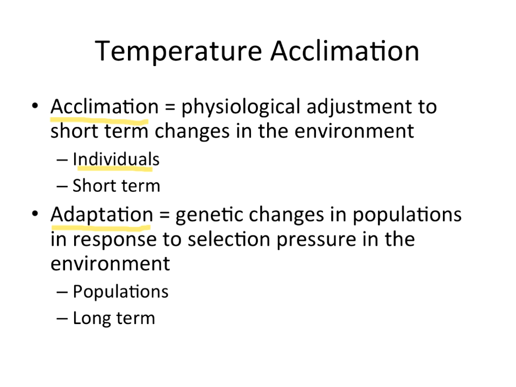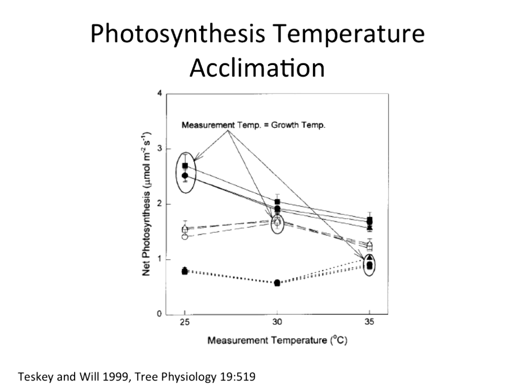So for instance, when we think about differences in loblolly pine response to temperature of provenances from the northern part of the range compared to provenances in the southern part of the range, those are adaptation differences. Whereas when we look at shorter term responses of, for instance, photosynthesis to different temperatures, those are acclimation responses.